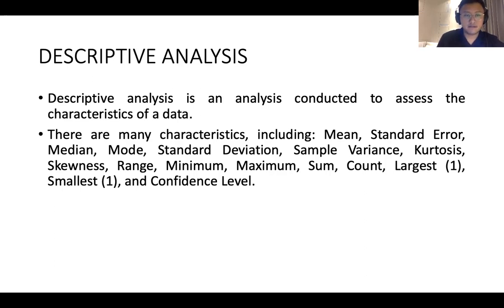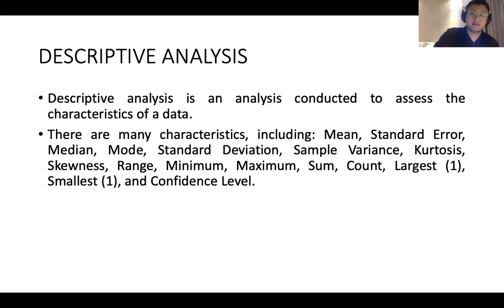And then the range is the difference between the largest and smallest values in a data set. And then kurtosis indicates how heavy the peak and the tails of your distribution are compared to the normal distribution. Okay, so this is just the basic of the basic characteristics.